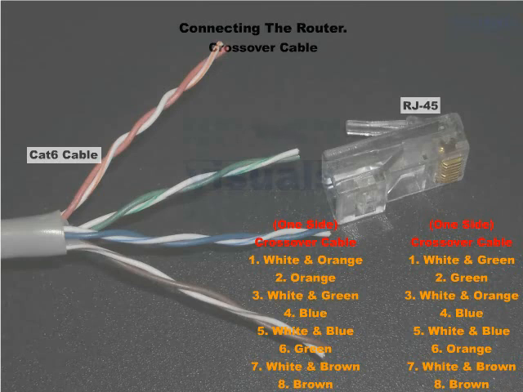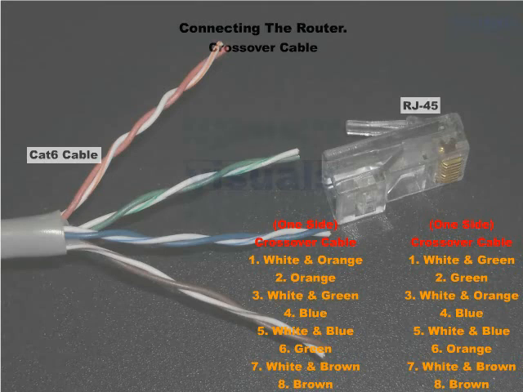Number 1 wire would be white orange, number 2 orange, number 3 white green, number 4 blue, number 5 white blue, number 6 green, number 7 white brown, and finally brown. So just arrange the wires of that side, plug the RJ45 clip on it and lock that clip.